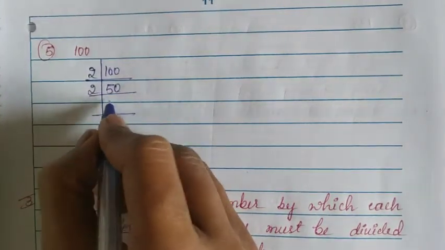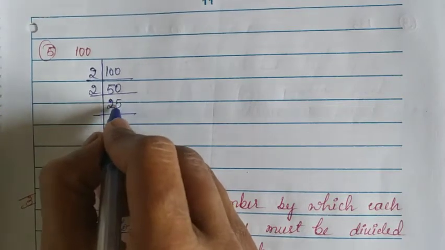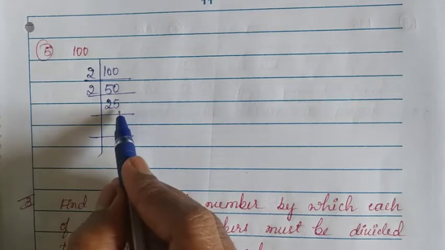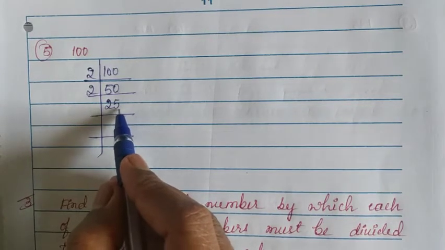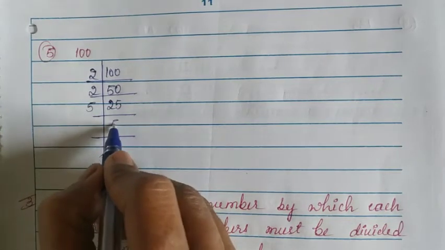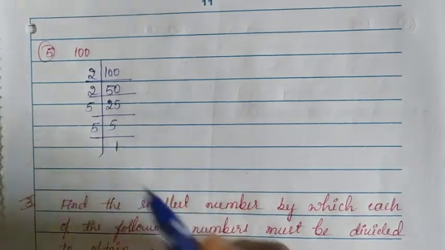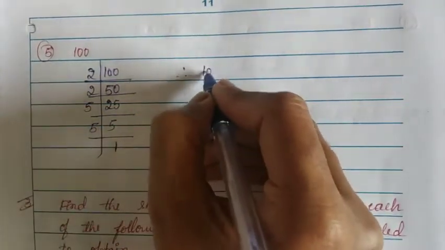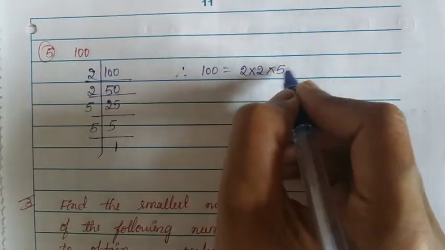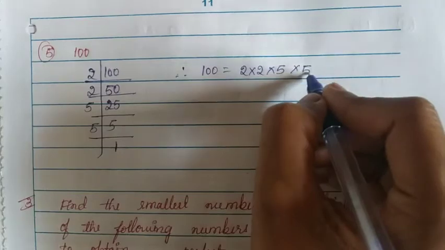Again with 2. 2 2s are 4, 2 5s are 10. Now, this number has 5 in its unit place, so now start with 5. 5 5s are 25, 5 1s are 5. Therefore, 100 is equal to 2 into 2 into 5 into 5.